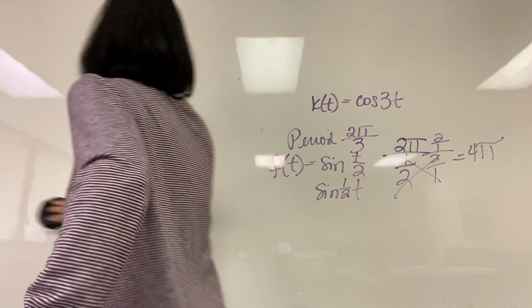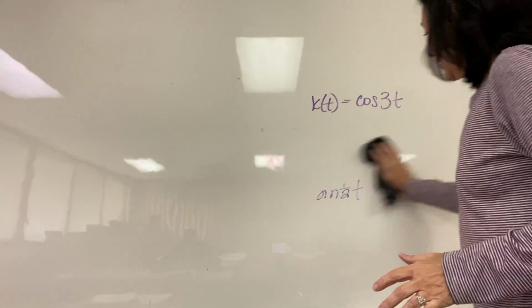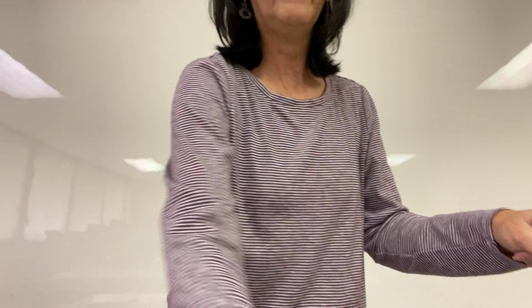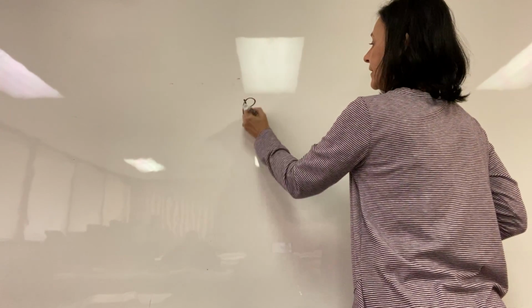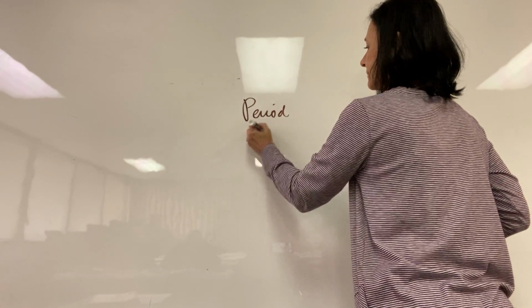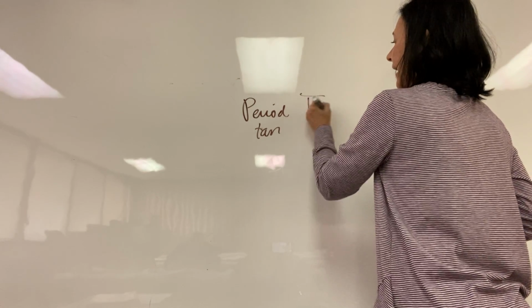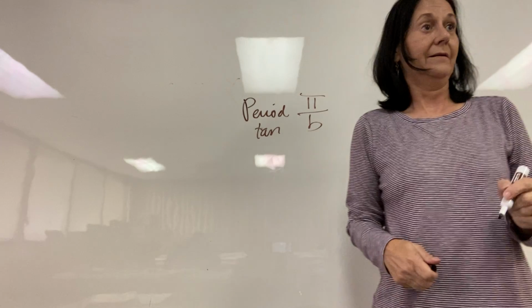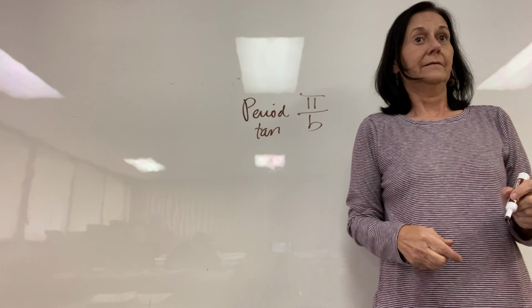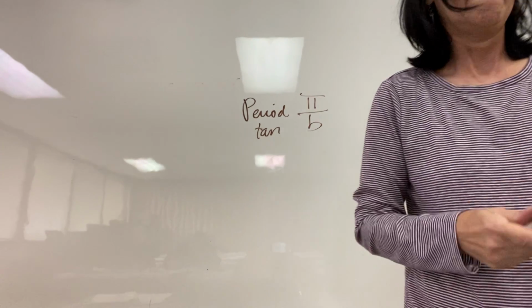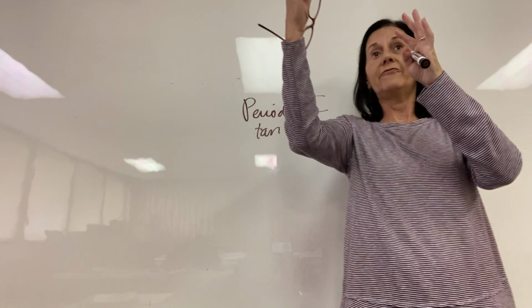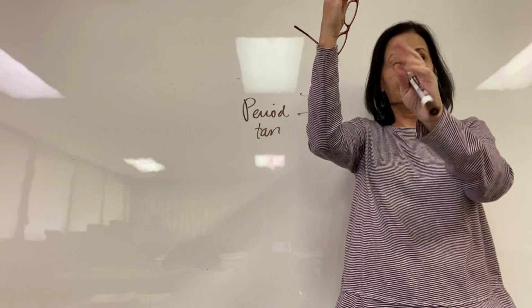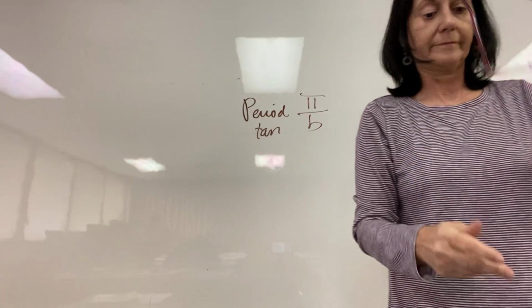So when you're calculating the period of the tangent, instead of 2 pi over the value of b, it's going to be pi over the value of b. Because remember that tangent goes from the 4th quadrant to the 1st quadrant when we graph it.